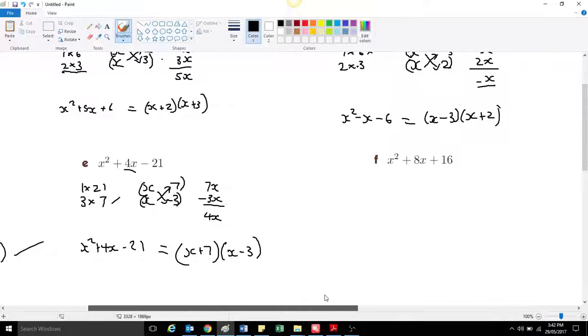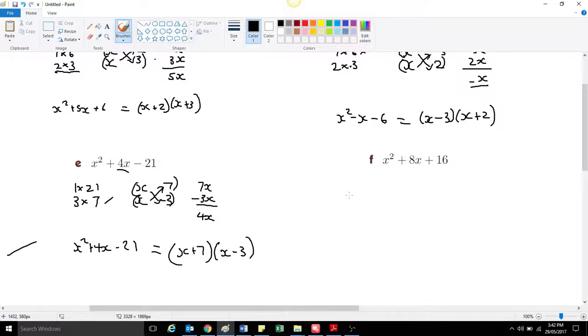All right, last one, x squared plus 8x plus 16. So multiples of 16 are 1 times 16, 2 times 8, and 4 times 4. So we're looking for two numbers that multiply together to give 16, and when you add them together, you get 8. Okay, now obviously the answer is going to be 4 and 4. 4 plus 4 is 8. So let's confirm that.